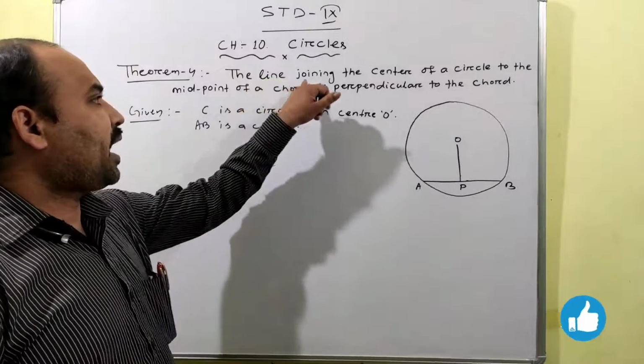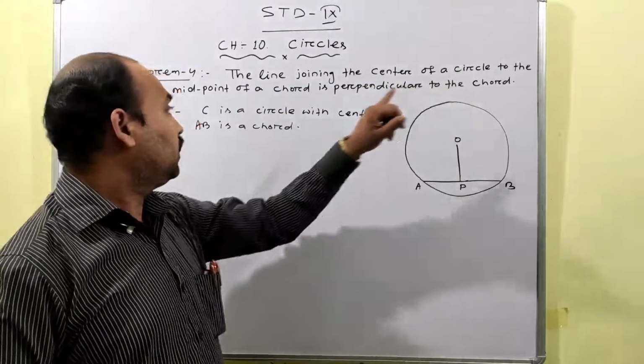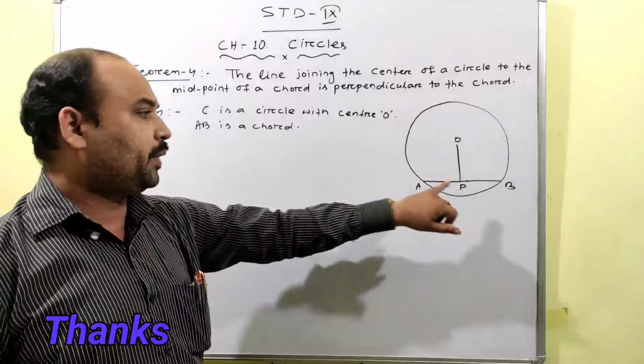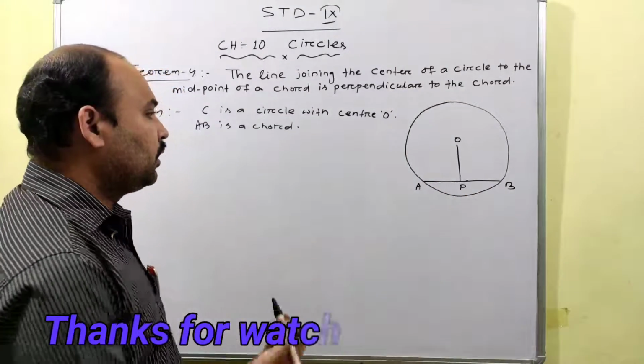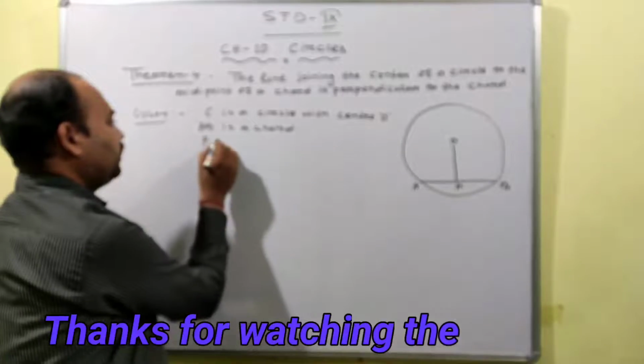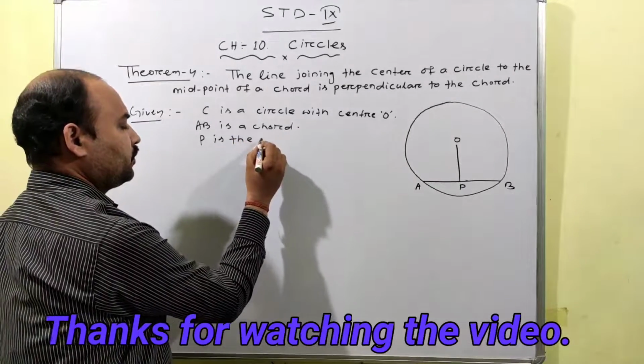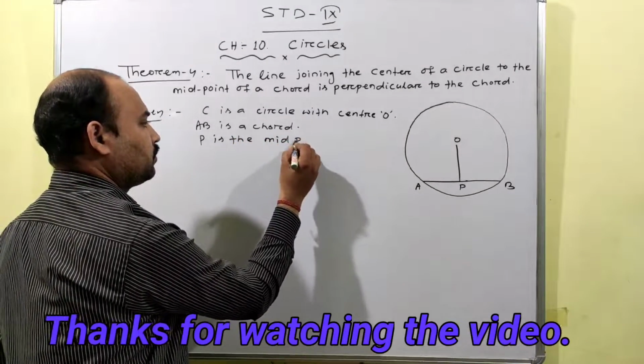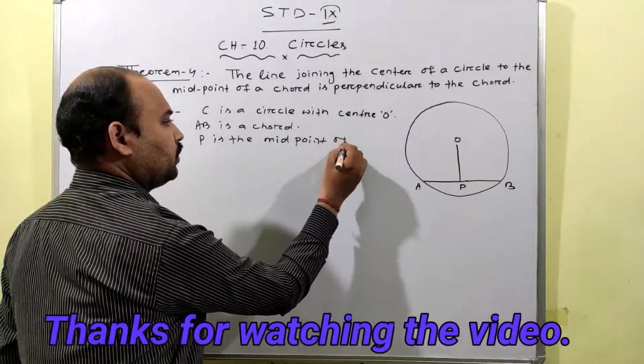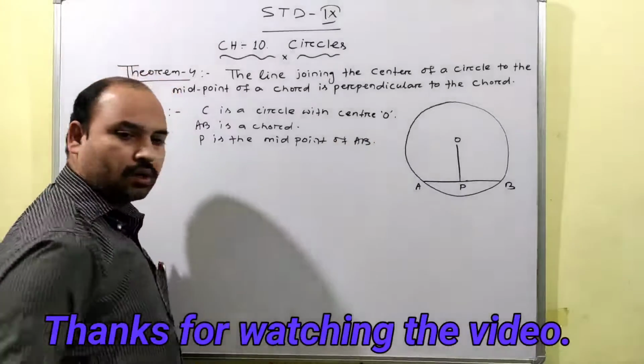Then given a line joining the center of a circle to the midpoint of the chord. It means P is the midpoint of AB. AB means the chord.